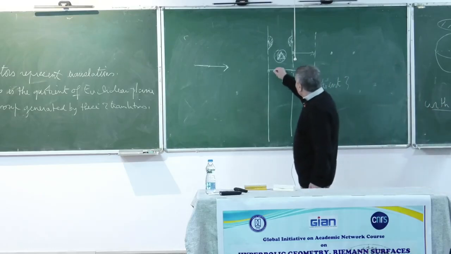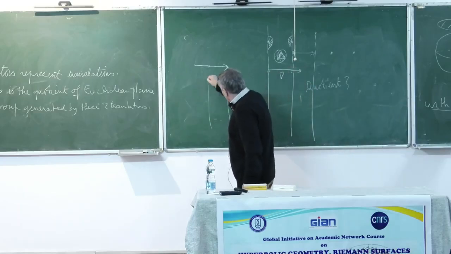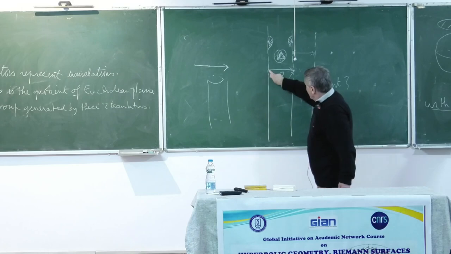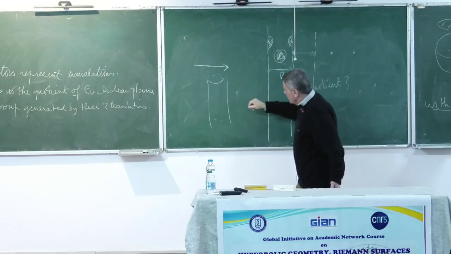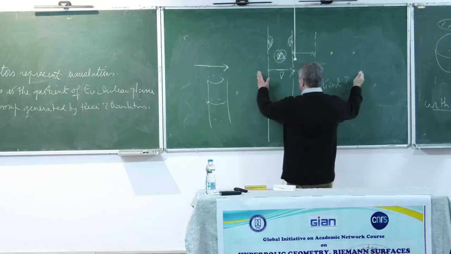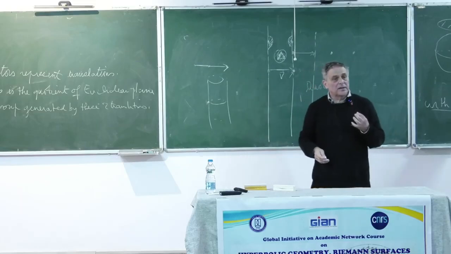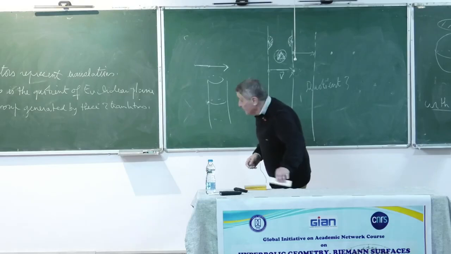Because for the initial cylinder there's a shortest loop which goes here, and then I come back to the same point. Whereas for the bigger one, the shortest loop is longer than the first one, right?